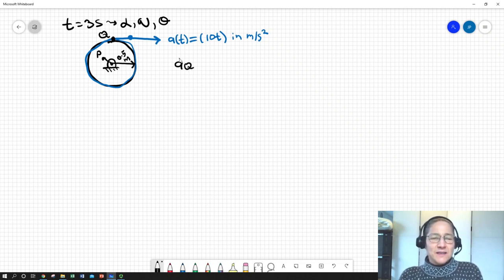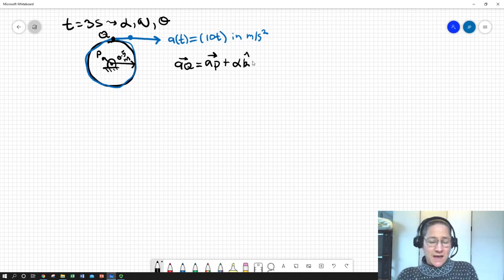So the acceleration of 1 point on a rigid body is equal to, and these are all vector quantities, the acceleration of some other point on that same rigid body plus the angular acceleration of the whole rigid body, which is by definition in the k-hat direction because we're only concerned with planar rigid body motion, crossed into a radius vector from point P to point Q.